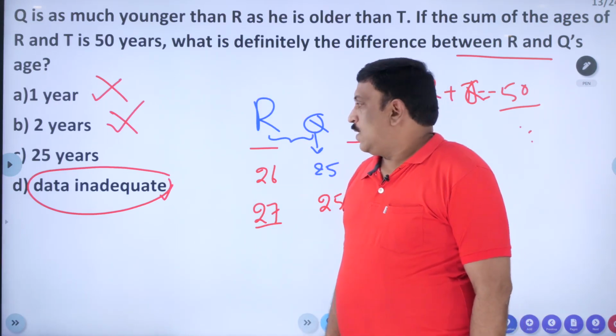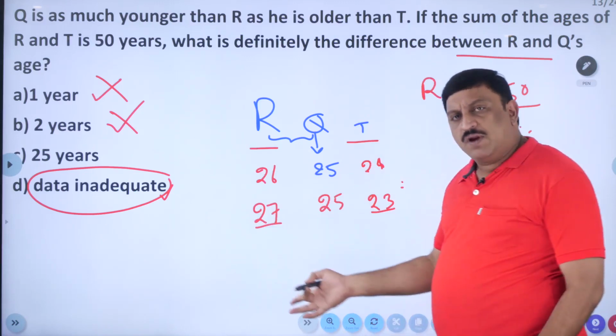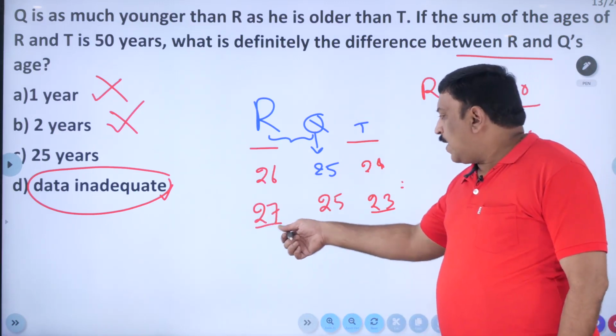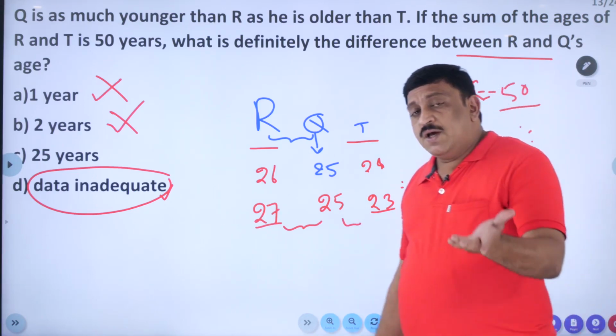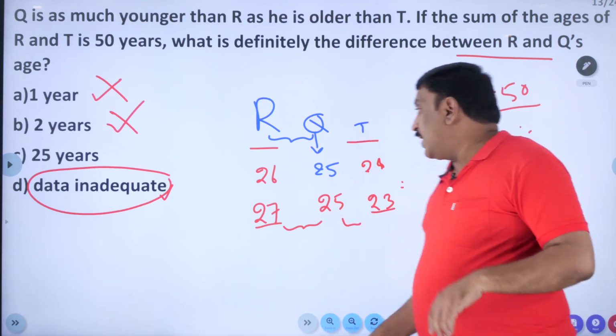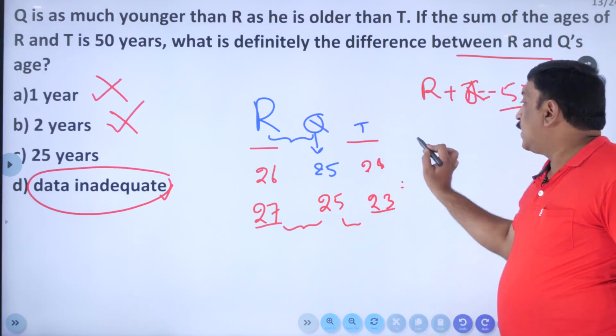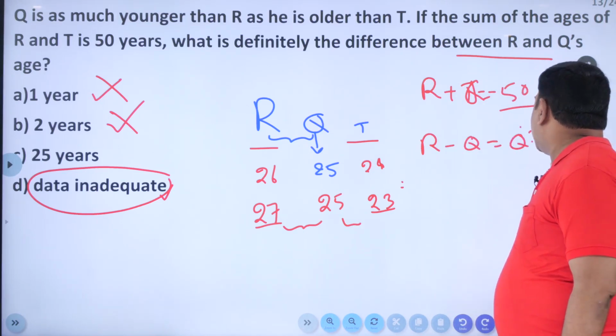Okay. So here, if you try for any of this, you will get the same thing, because you are maintaining the difference always in different maintenance. Why it is so means, if you see the previous question, V minus P, right? Just like this one, here it is R minus Q is equal to Q minus T. That is what they said, is it not?